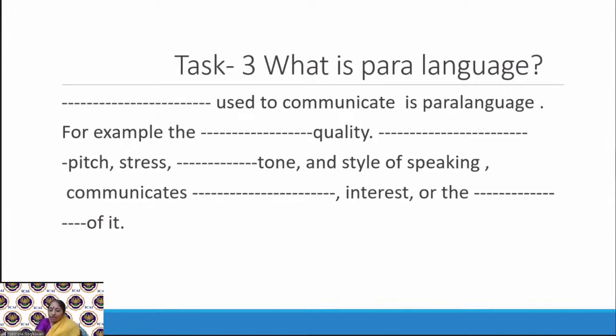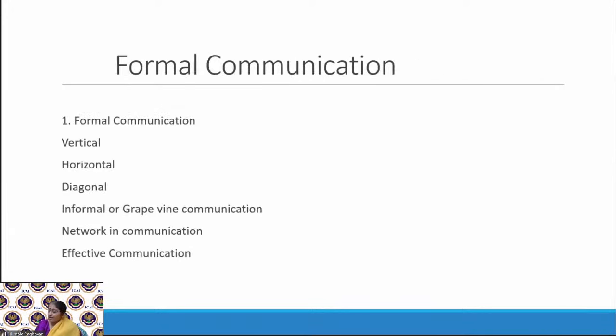Yeah, let me move on now. Formal communication. What if all these are workplace related, job related? Okay, that's why it may be different. It may not be the same as your general English at school, because this is related to workplace. Right?